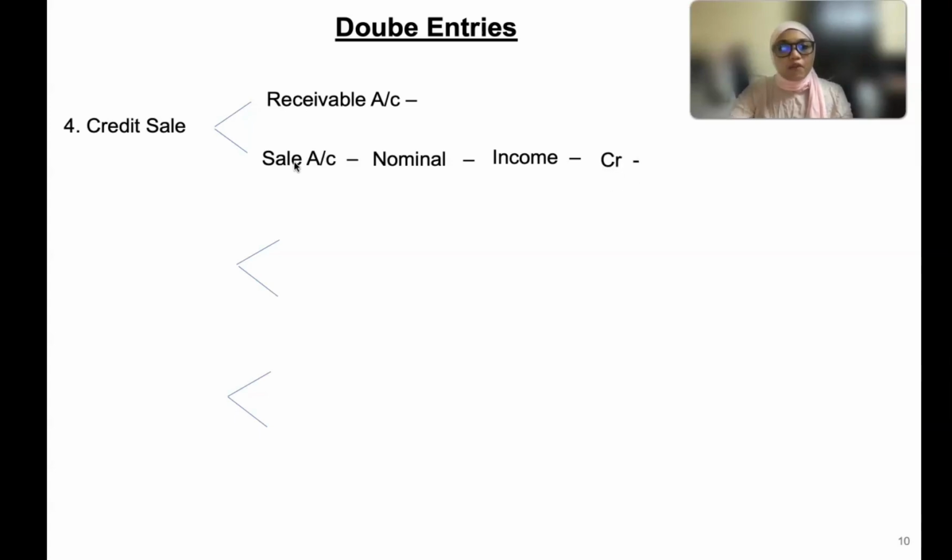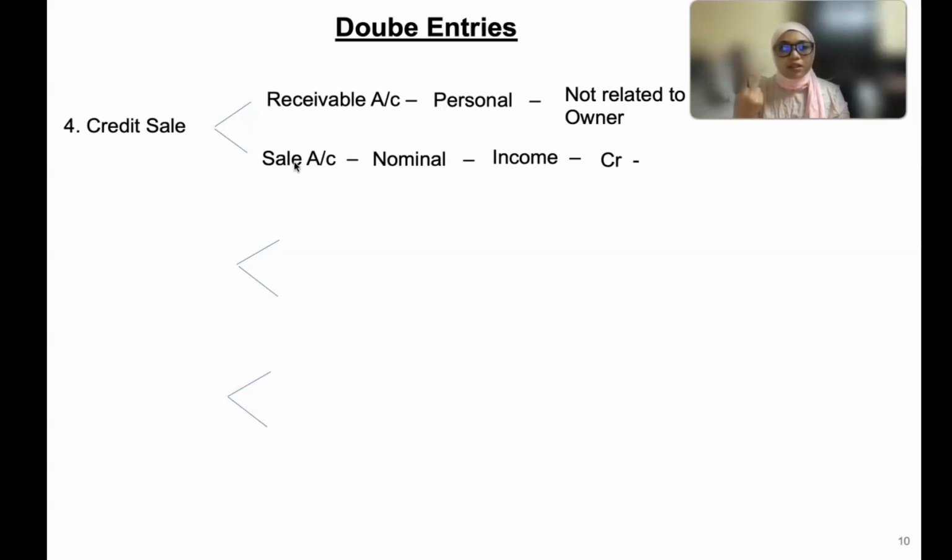Okay? Receivable. Receivable is what? Receivable is a personal type of account. Under personal type of account, we have to consider two: whether it is owner related or not owner related. It is not related to the owner, because under owner related accounts there are only two, capital and drawing.